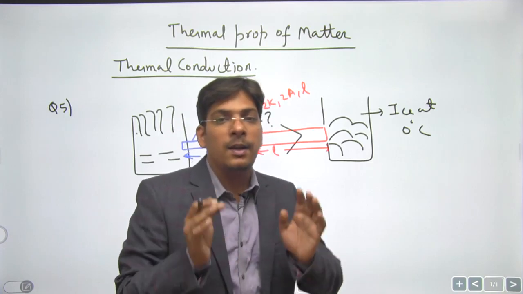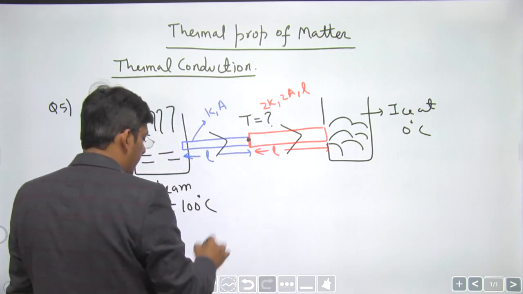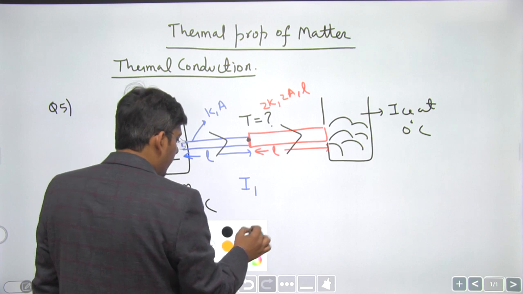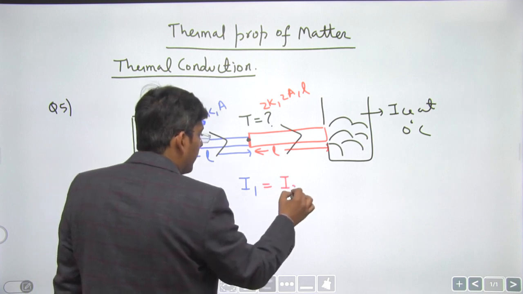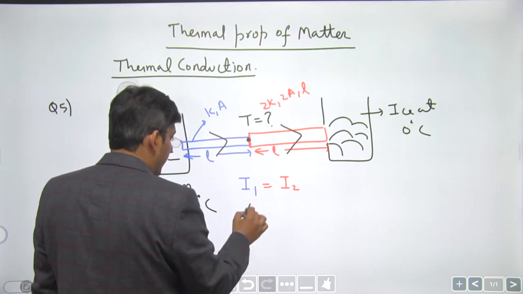So the heat current in the first slab, not the electric current, is equal to the heat current in slab 2. Heat current is the temperature difference by resistance.